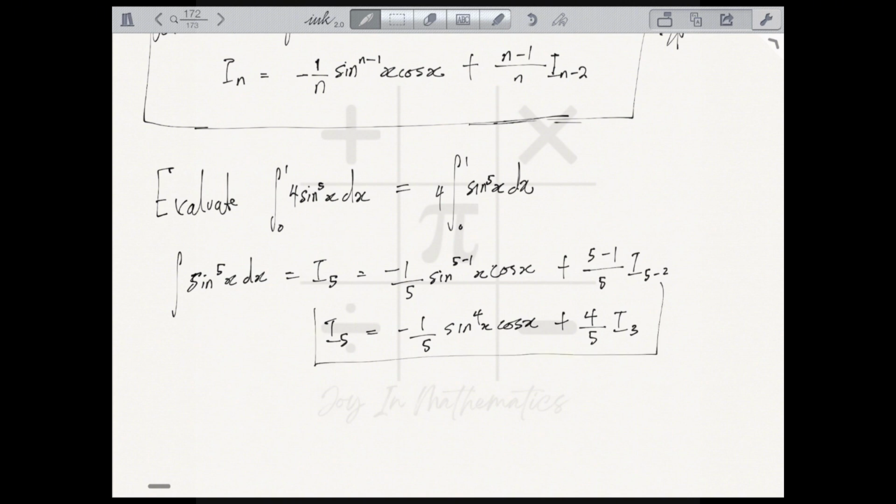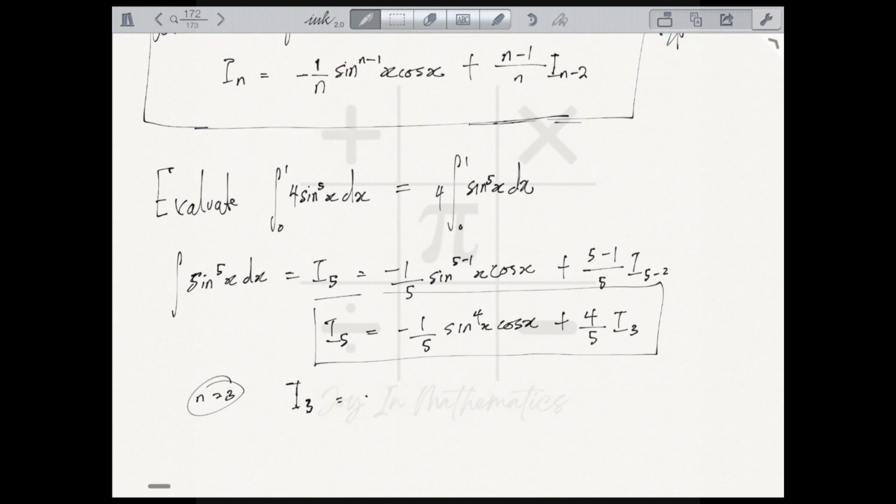Now we are able to evaluate I5. The next thing to do is to evaluate I3. So for I3, substituting n equal to 3 in I_n, wherever we see n, we change it to 3 in this function.